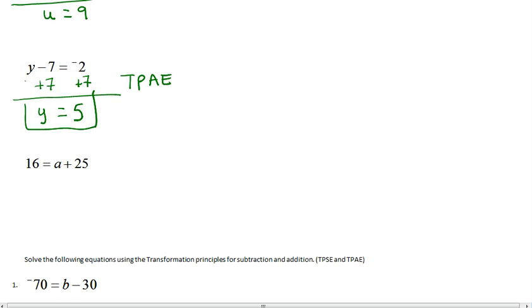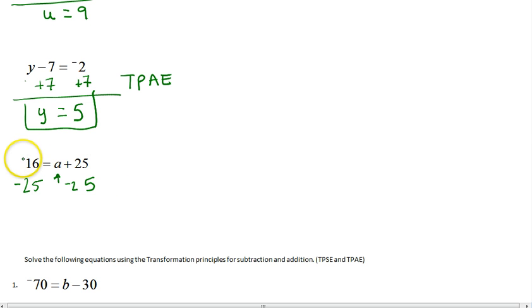Let's look at this example. A plus 25 equals 16. Start with your variable. What's happening? I'm adding 25. What's the inverse of that? Subtracting 25. Do it to both sides.